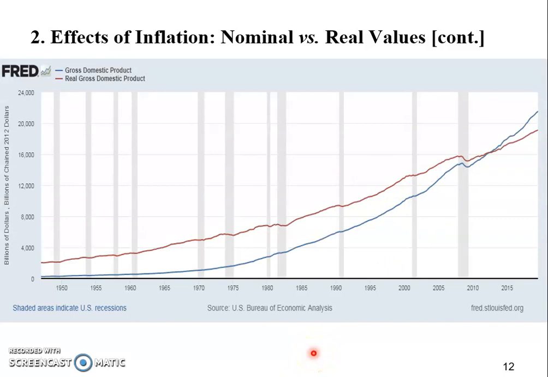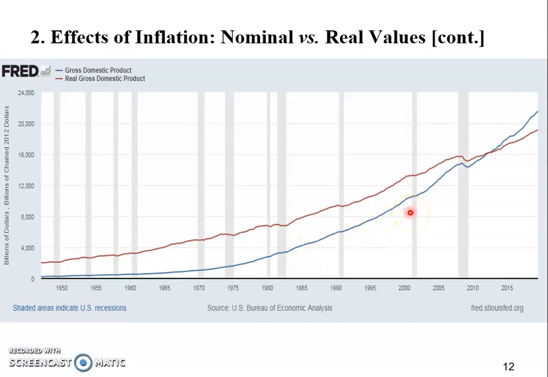On this slide, I pull out a FRED chart to show you, over a wider or longer sample period, what happens to our real versus nominal GDP. The blue line here is GDP, gross domestic product. It is nominal.